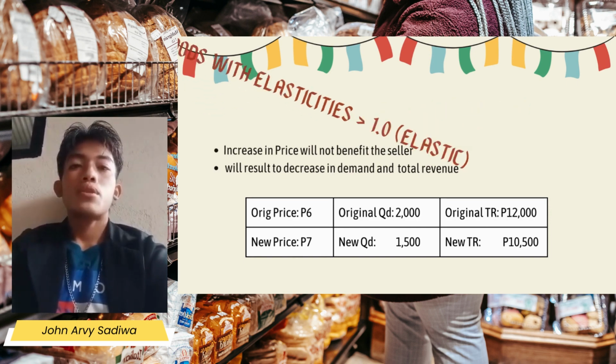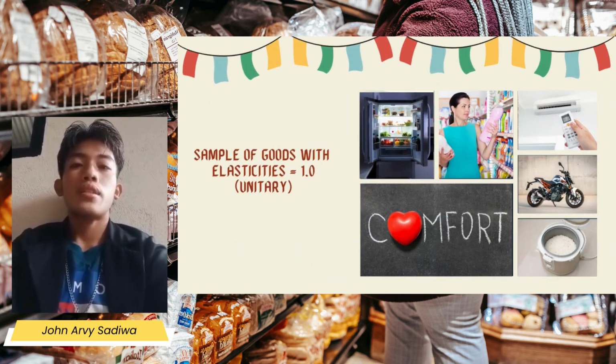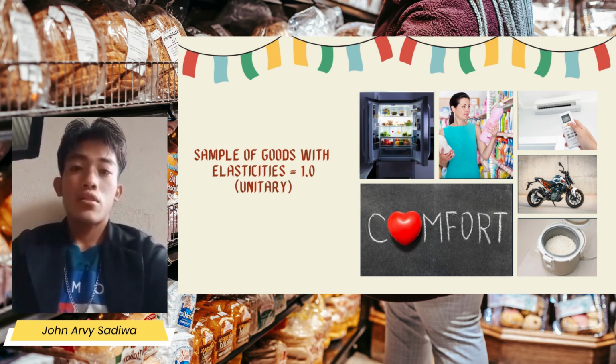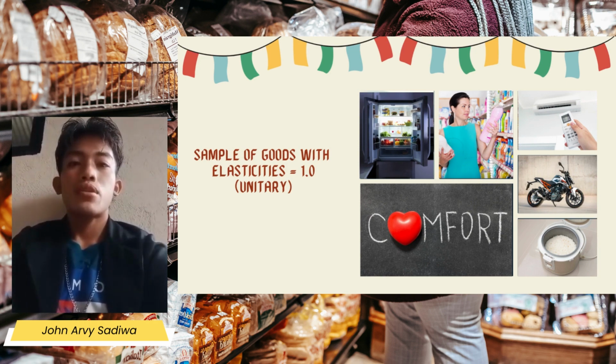Now, let's proceed to goods with elasticity equal to 1. Unitary goods are goods that do not give any particular convenience to the buyer. Examples: a motorcycle, a rice cooker, since you can cook rice in a pot; an air conditioner, since you can use an electric fan or when the weather is cold; and fabric softener.